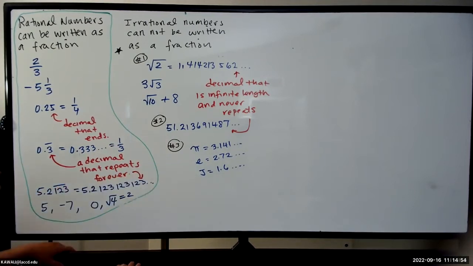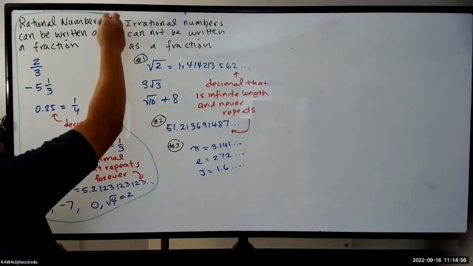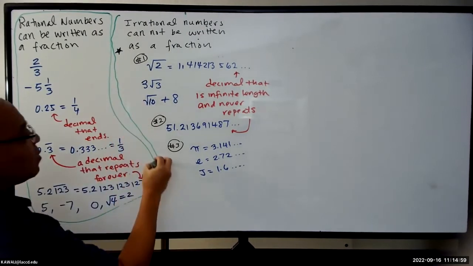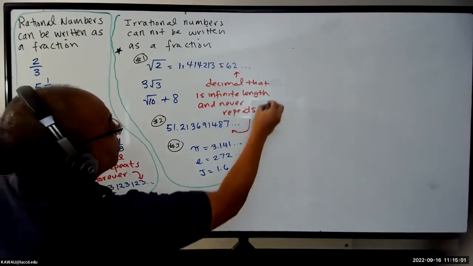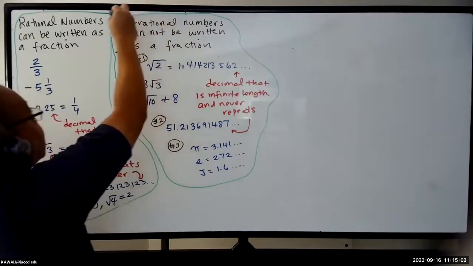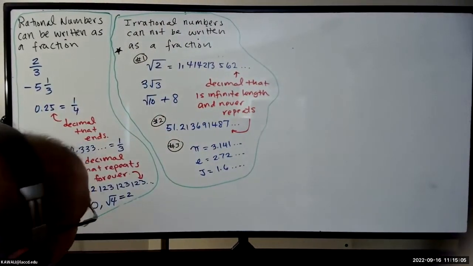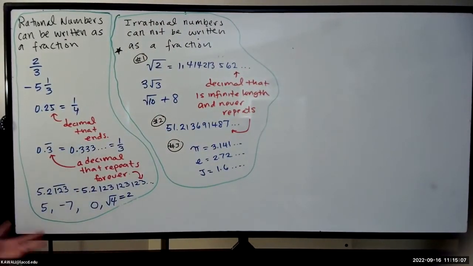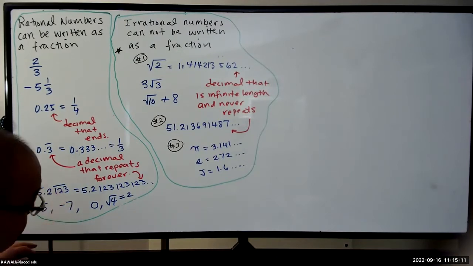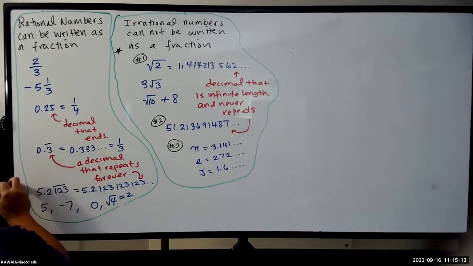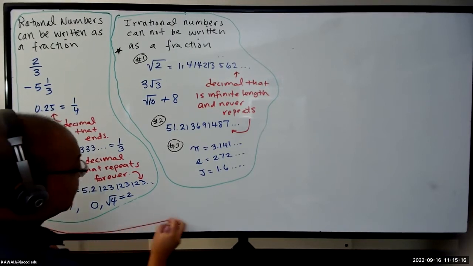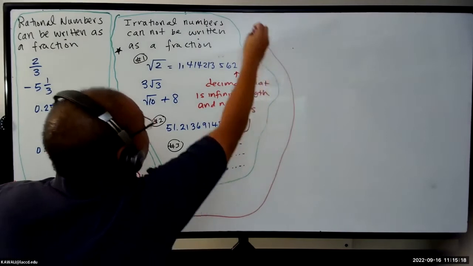So these are two separate groups. You're either rational or you're irrational on your test. Now, everything on your test is real. So no matter what, you always click real. So the group that contains both of these are real numbers.